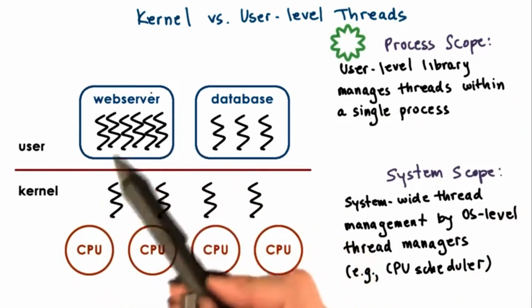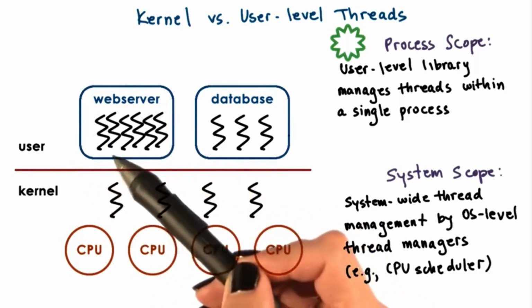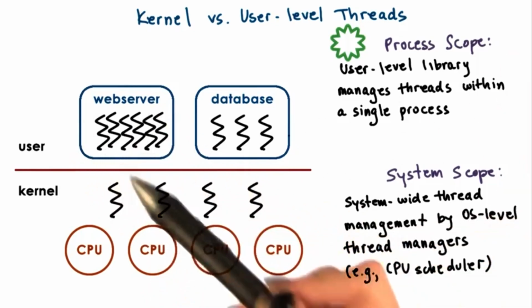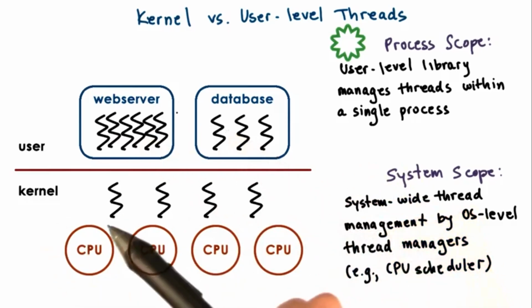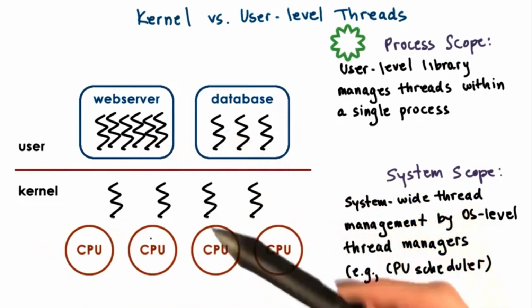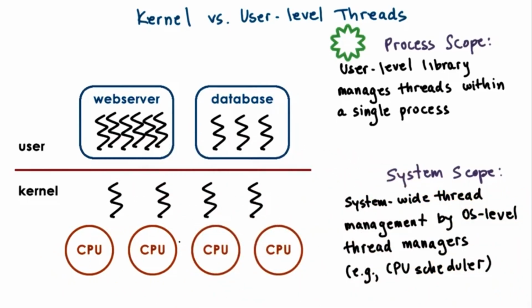Let's say the web server has twice as many threads as the database. If the user-level threads have a process scope, the operating system doesn't see all of them. So at the operating system level, the available resources will maybe be managed 50-50 among the two different processes.